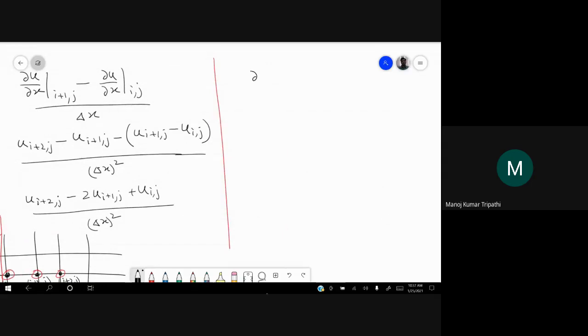So we'll write dou u by dou x at I plus half j minus dou u by dou x at I minus half j by delta x, because although these 2 points do not exist, we don't even need the derivatives at those points because we are going to convert these derivatives into expressions for u directly.